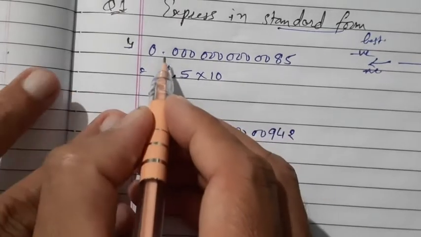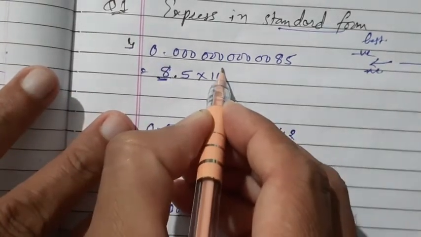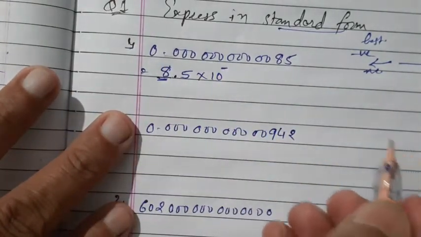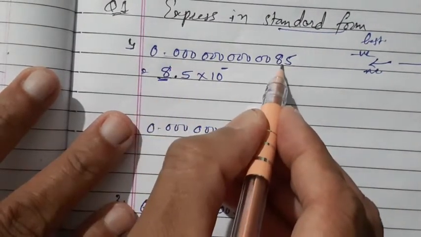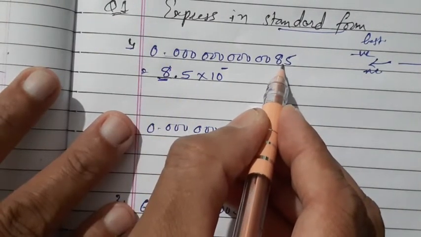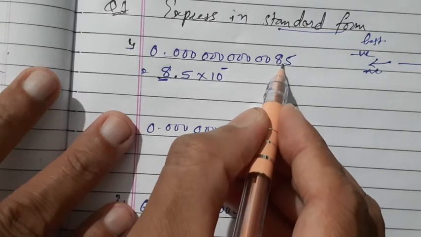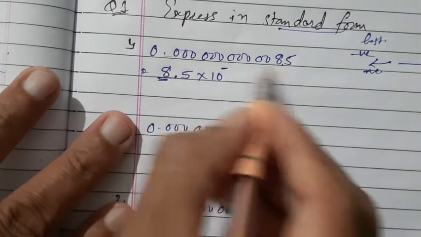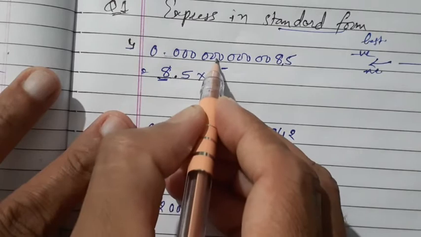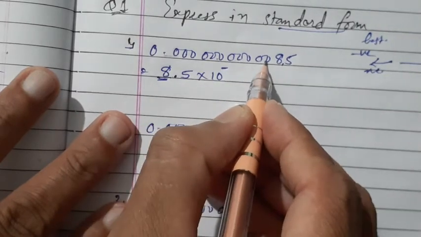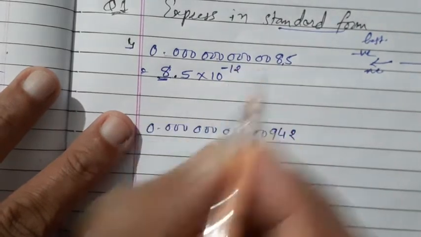Now we move to the right side, so our power is negative. Minus, and how many steps do we move? How many digits are there between them? 3, 6, 9, 10, 11 and 12, so that is 12.